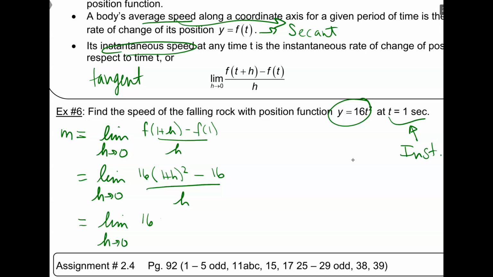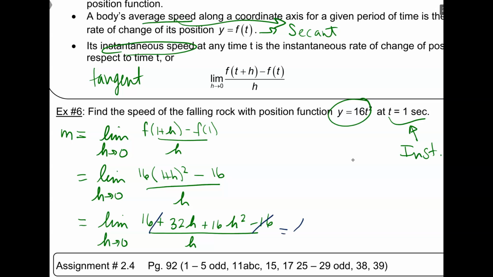So I have 16 plus 32h plus 16h squared minus 16 all over h. I simultaneously did 1 plus h times 1 plus h and then distributed the 16 out. We see that the 16 goes away.